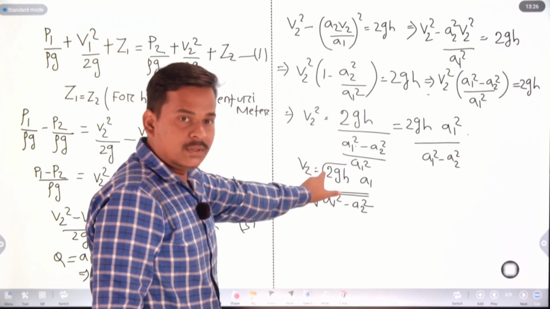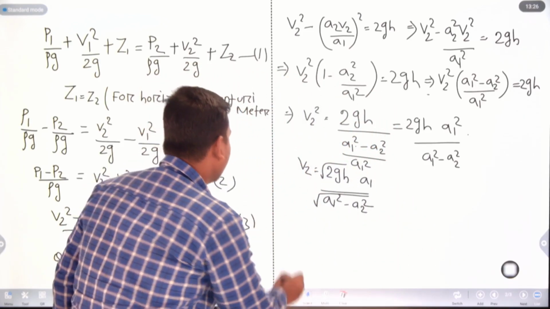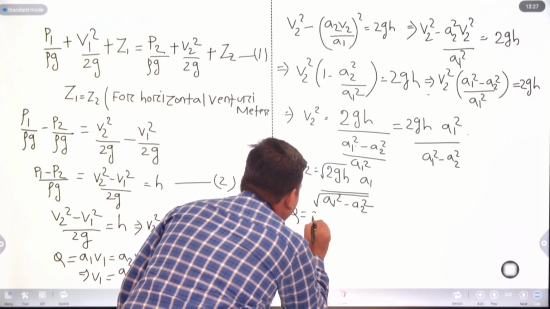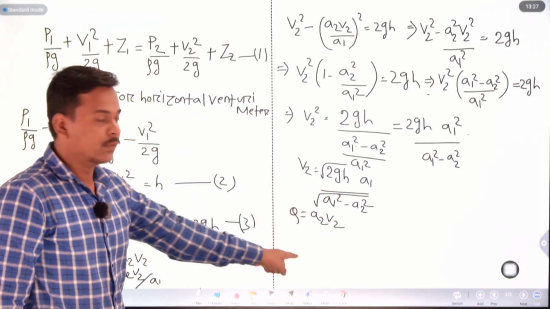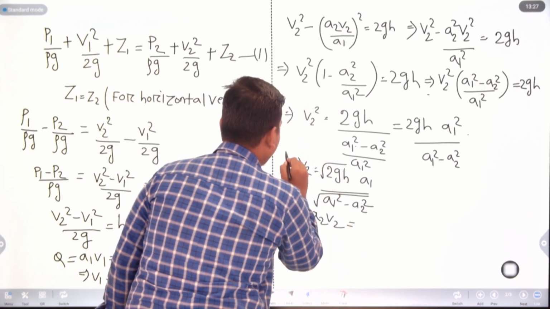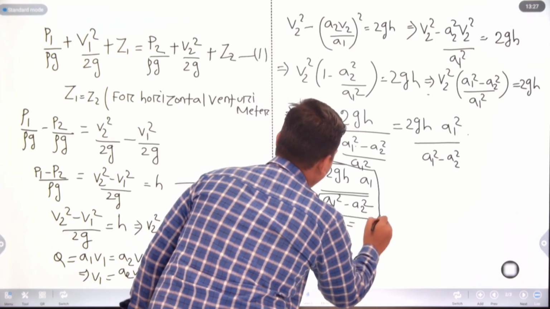This is the value of V2. Now, as we know Q is equal to A2 V2, putting the value of V2 in the above equation.